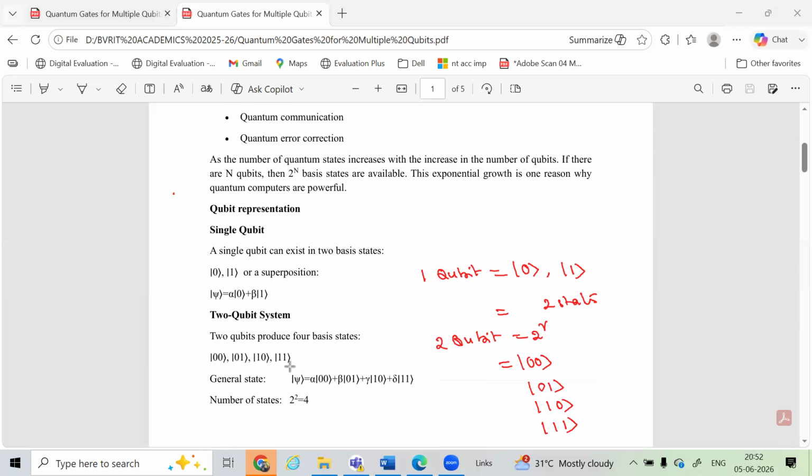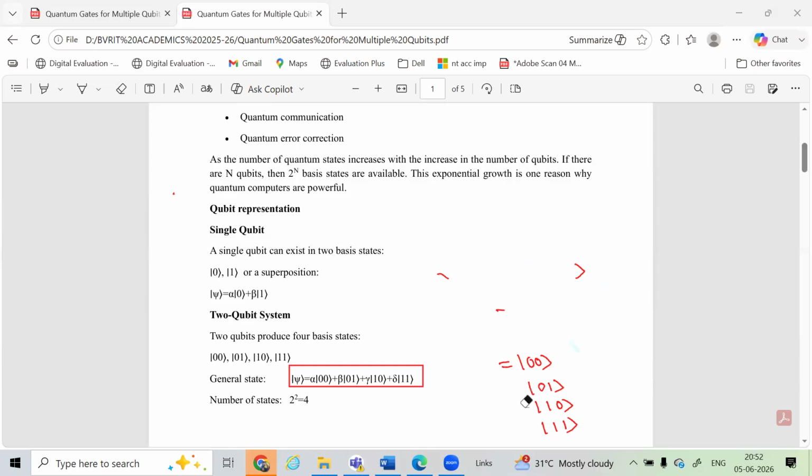This is the general state superposition for two qubits, where alpha, beta, gamma, delta are the probability amplitudes, and alpha square plus beta square plus gamma square plus delta square equals 1. Finally, we have four states for the two qubit system.